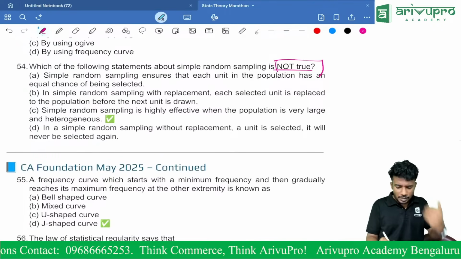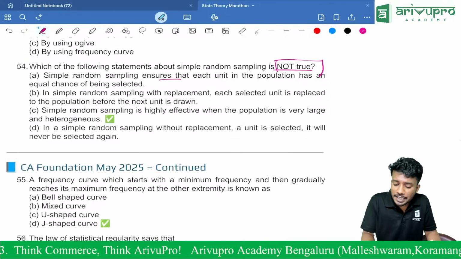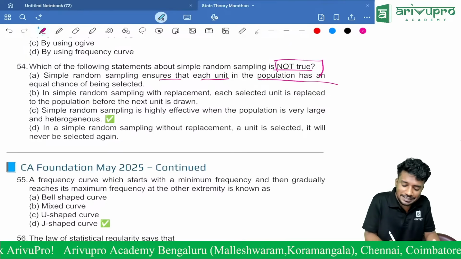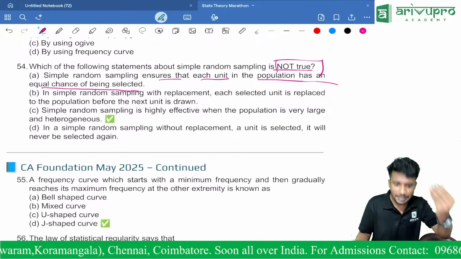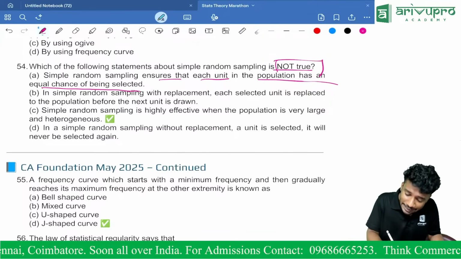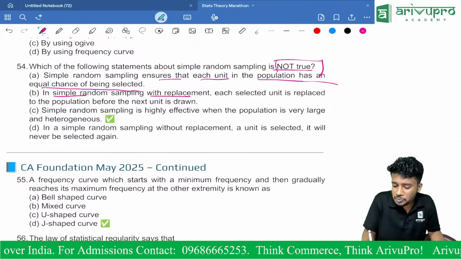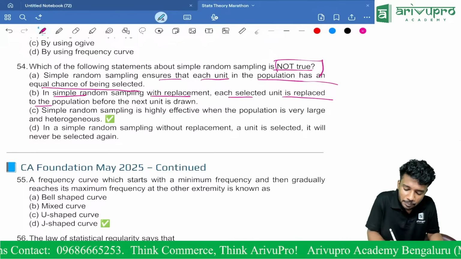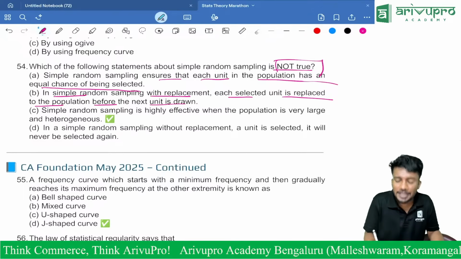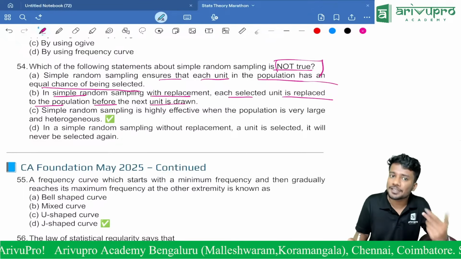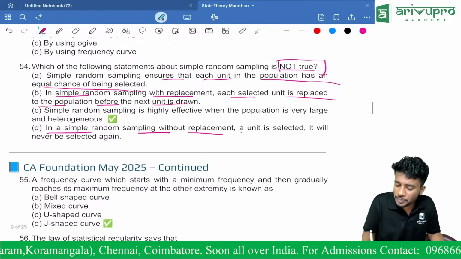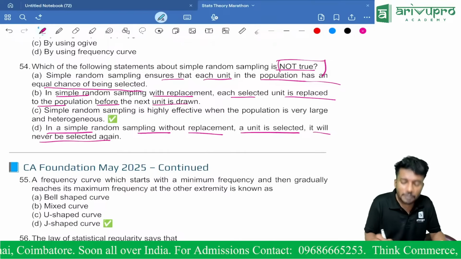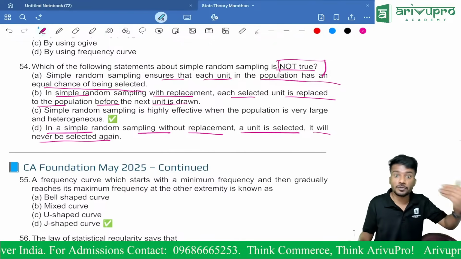Simple random sampling ensures that each unit in the population has an equal chance of being selected. Yes, that is true. In simple random sampling with replacement, each selected unit is replaced into the population before the next unit is drawn. That is also true. In simple random sampling without replacement, a unit is selected and it will never be selected again.